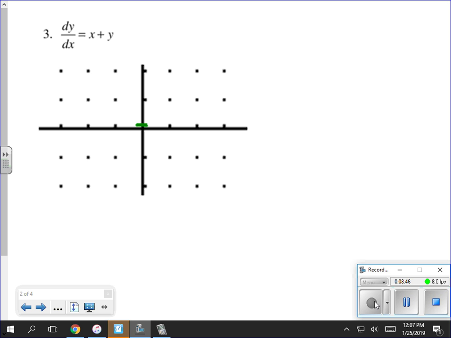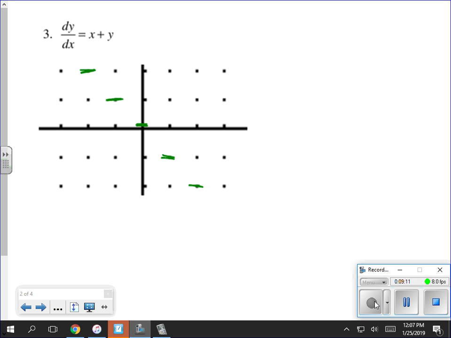I would have other places that are also 0, where the x and y coordinate are opposite of each other. Where x is 1, y is -1. Where x is 2 and y is -2. Where x is -1 and y is 1, and so on. Kind of stop and think about it a little bit. Okay? And then I can just start filling in the blanks.